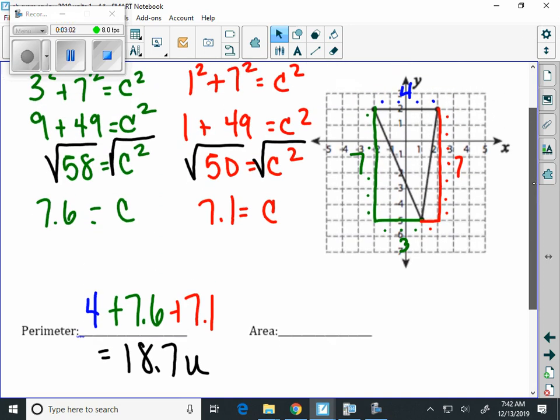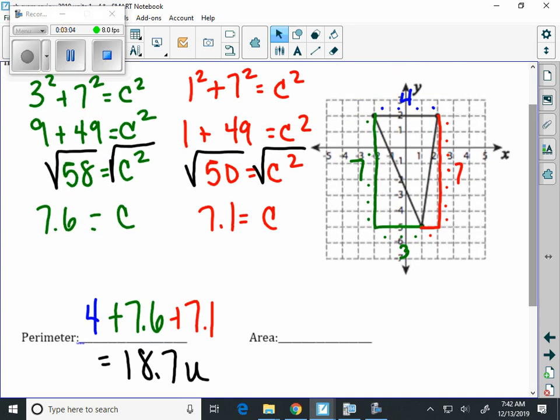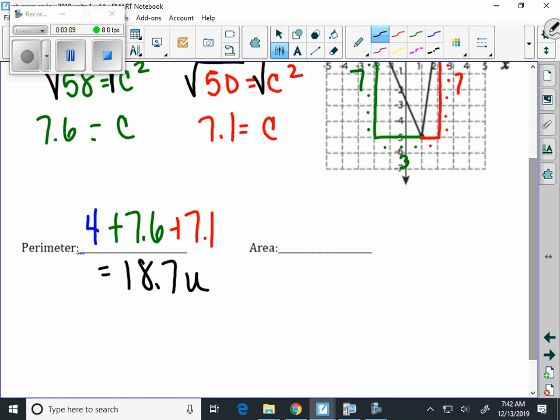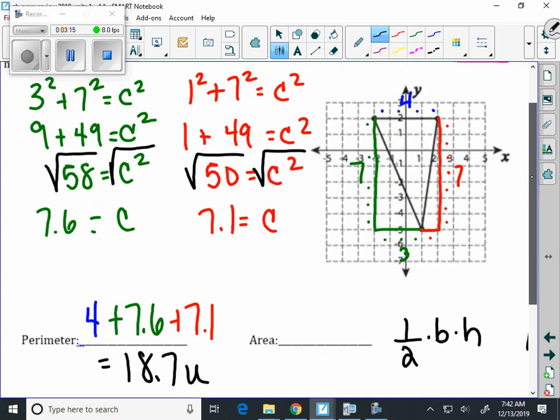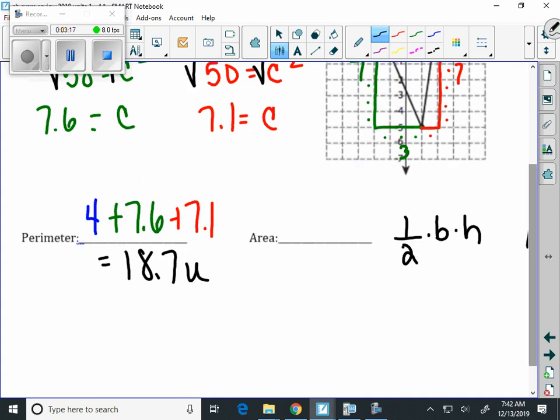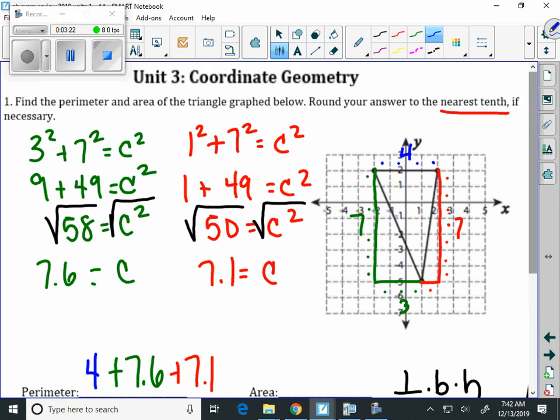The area of the triangle, the formula is 1/2 times base times height. And if we look here, our base happens to be that blue number that we found first. It's 4. And the height, well, the nice part is we can draw in the height here.